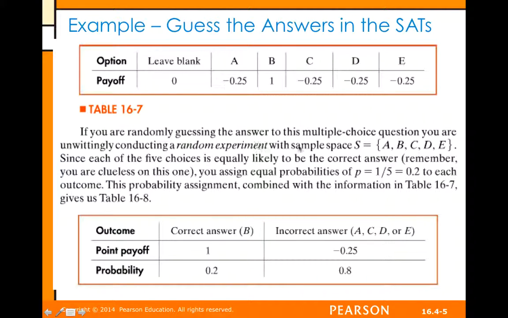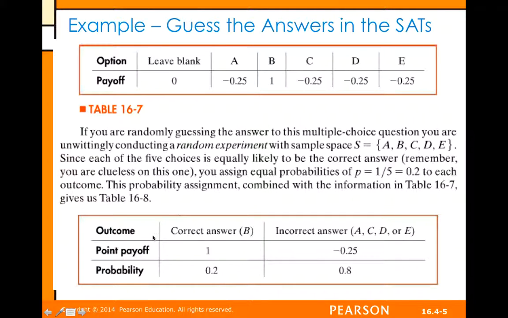You are randomly guessing, therefore these are the 5 options that are the result of your guess. Since each of the 5 choices is equally likely to be the correct answer, you assign probabilities of 1/5 to each outcome. So in other words, A is correct with probability 1/5, as is B, as is C, as is D, as is E, right? You have a 20% chance of each one of those being correct.